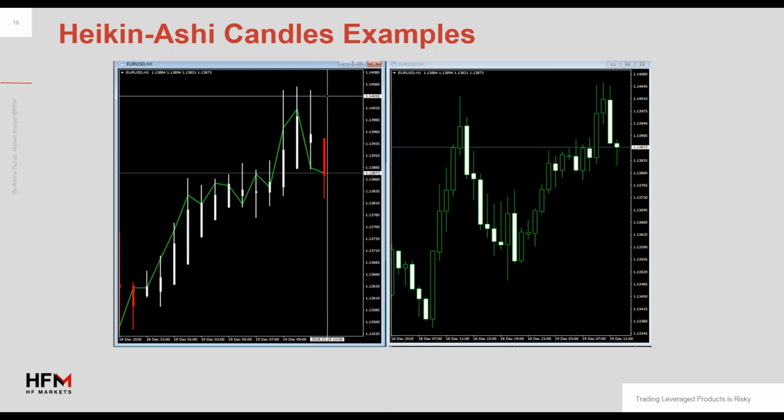You can see over here that also 1 hour chart. So the very first sign that we might have the beginning of an uptrend, dodgy one.